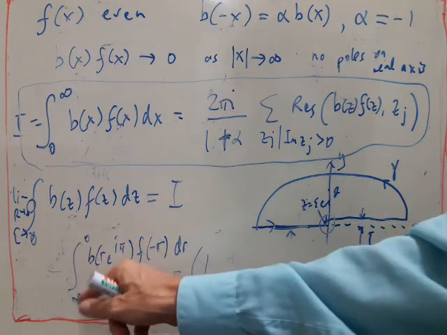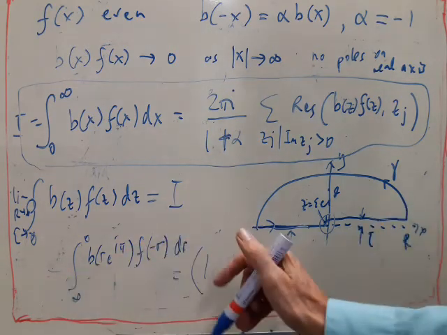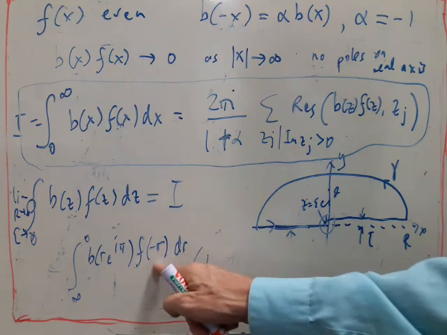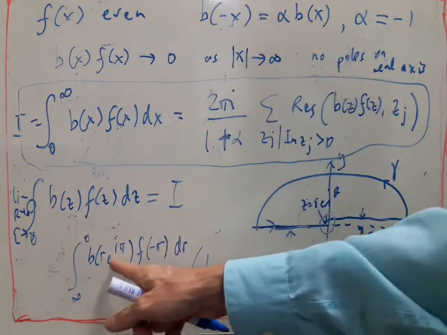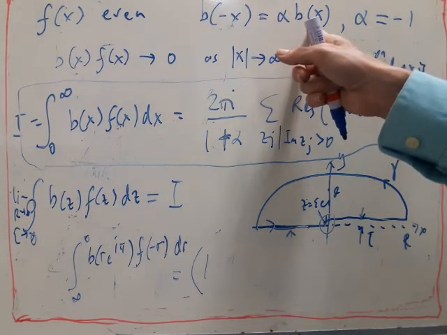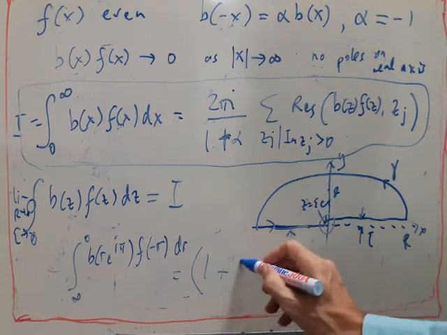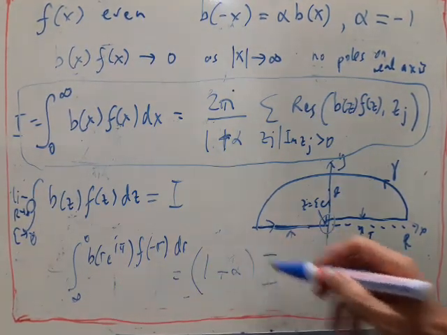So swapping the integral limits gives a plus sign here. And this is the same as f, and I've said that b of minus x is just alpha times that. So in the end, I've got 1 plus alpha, which is actually just equal to alpha times the integral.